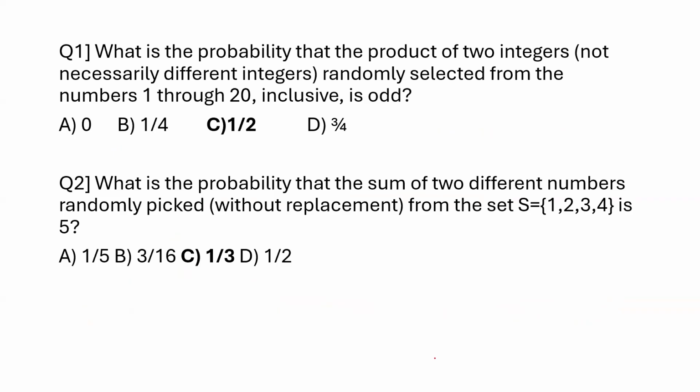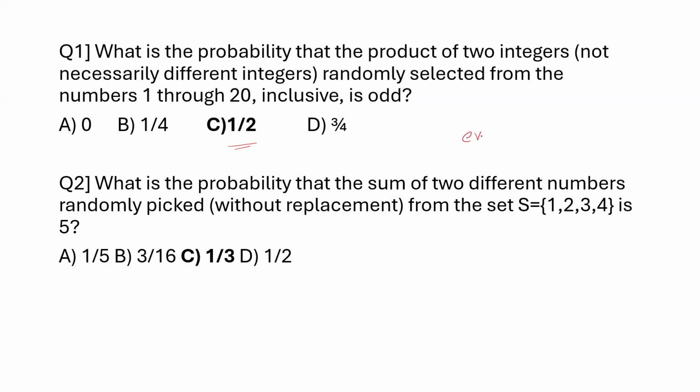Now these are some practice problems. And the correct answer I have written like this. What is the probability that the product of two integers randomly selected from the numbers 1 to 20 inclusive, like 1 and 20 also you have to include, is odd? When will the product of two numbers be odd?